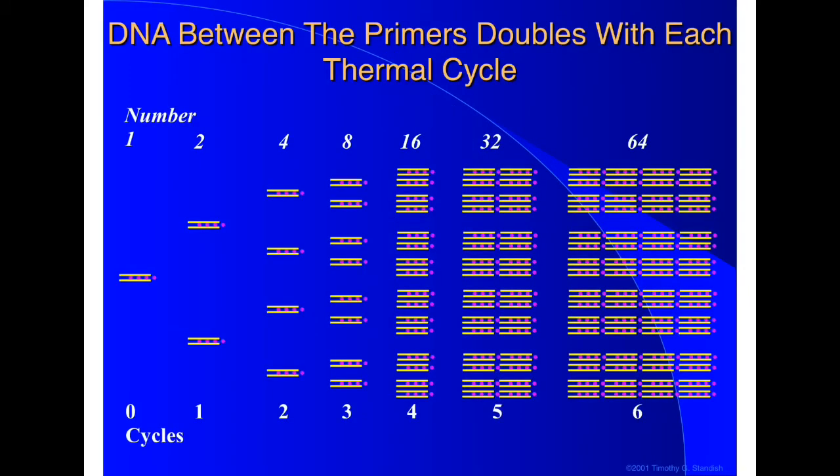So each time the DNA concentration will be doubled, from cycle 0 to cycle 1, cycle 2, cycle 3. Like this, we can see that at the third cycle the DNA fragments are 8, and at the sixth cycle the DNA fragments are 64.